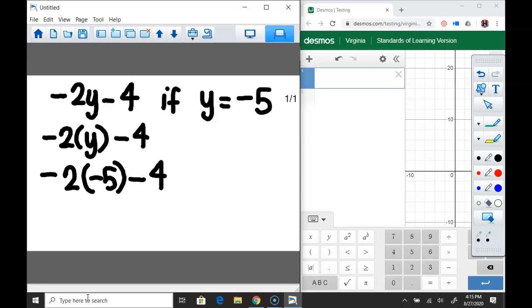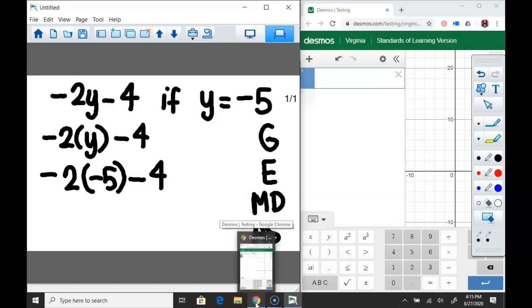All right, now, to work this out, we'll go back to our old buddy, GEMDAS. First, I look at the problem to see if it has any grouping symbols. It does have parentheses, but there's only one number inside.